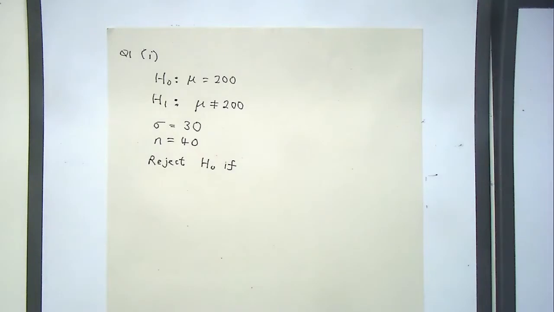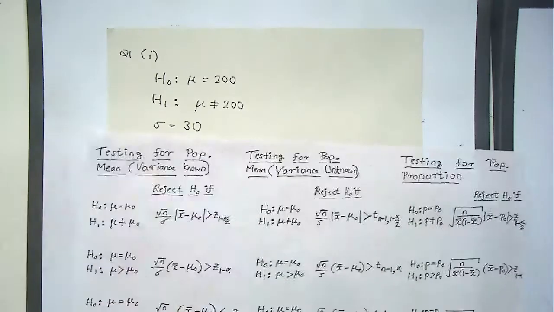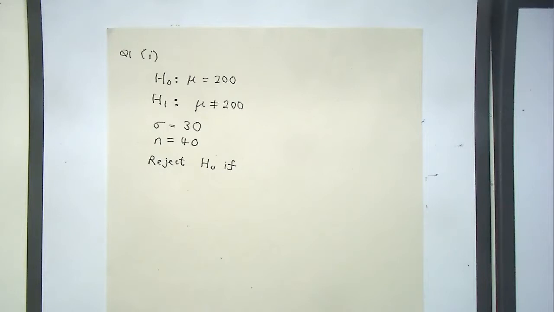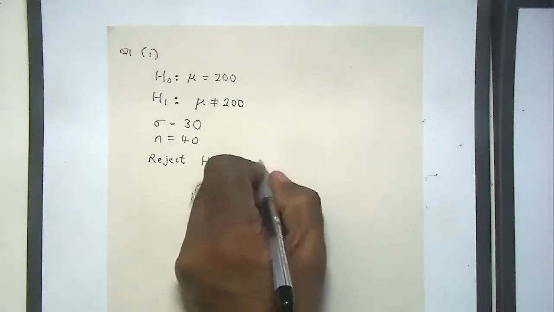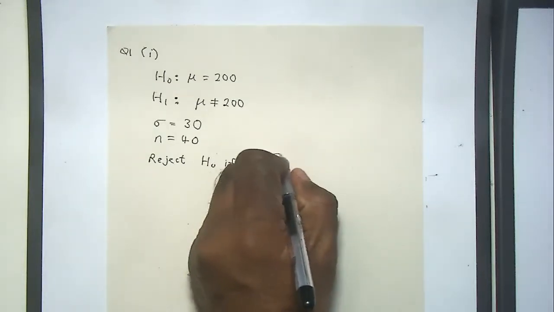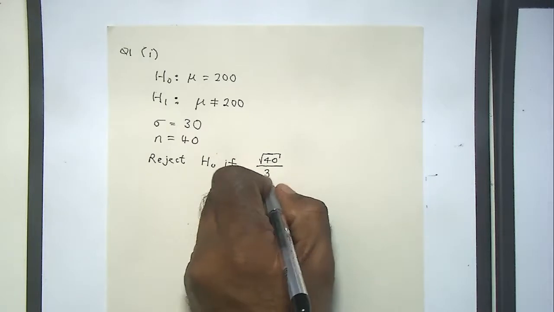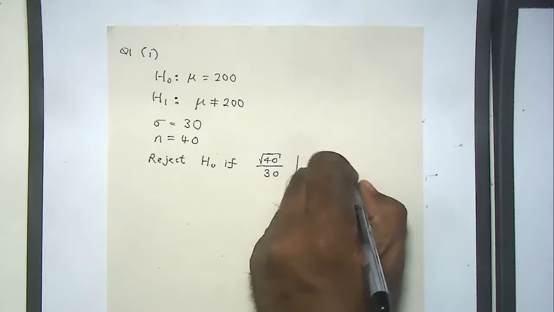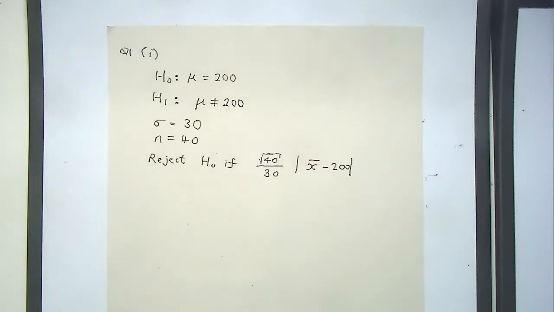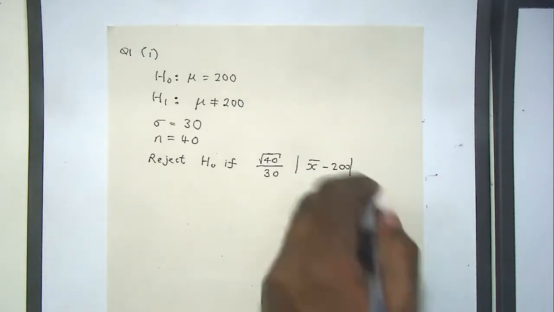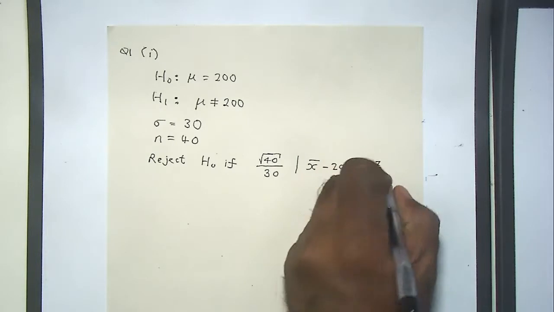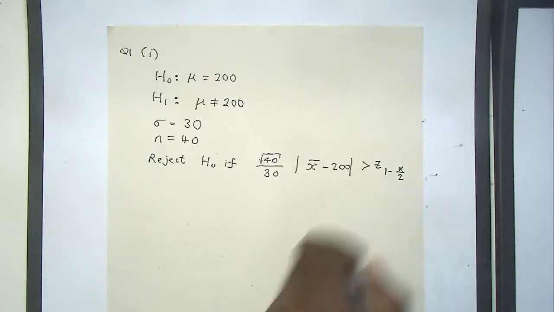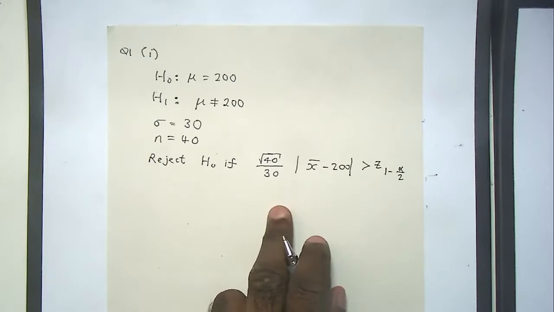In this case, the rule for rejecting the null hypothesis will be what? If you look at the rules here, these are the rules, right? The rule for rejecting the null hypothesis will be root of n, which is root of 40, divided by sigma, which is 30, times x bar minus mu 0, which is 200, greater than z alpha, so z 1 minus alpha by 2. Okay, so this is the rule for rejecting the null hypothesis.